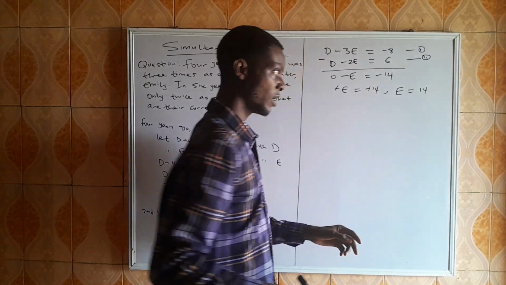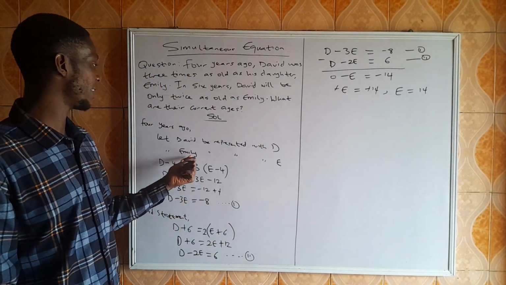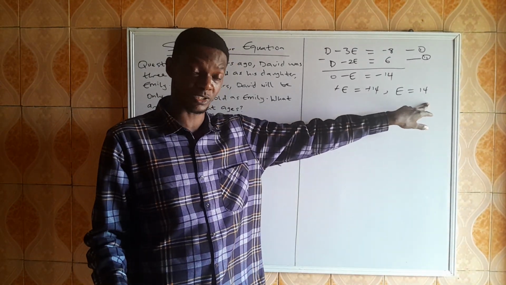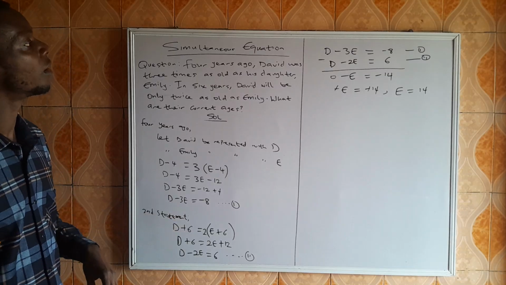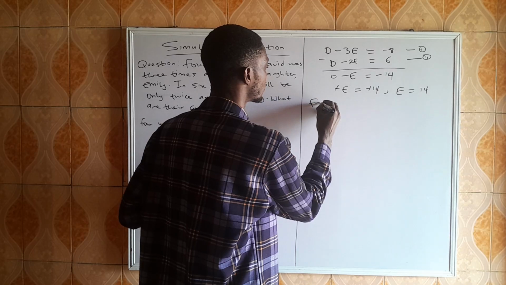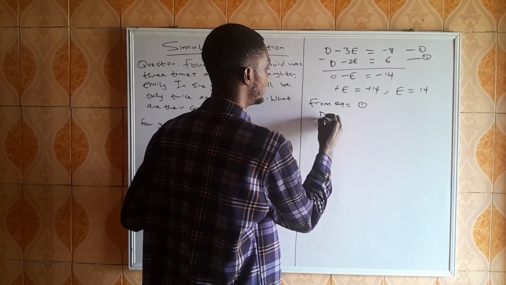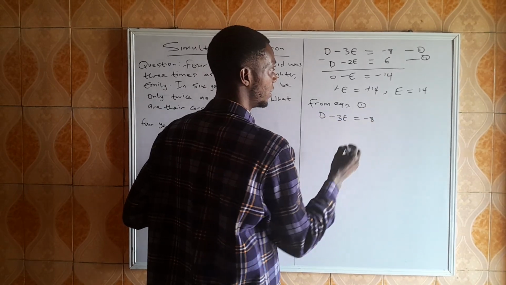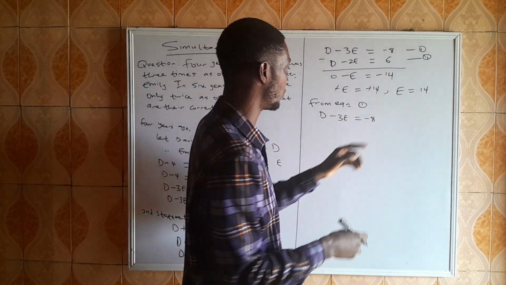Recall that we let Emily be represented with E. So Emily's current age is 14. Now let's find David's age from equation 1. We have D minus 3E equals minus 8, and we know E is 14.